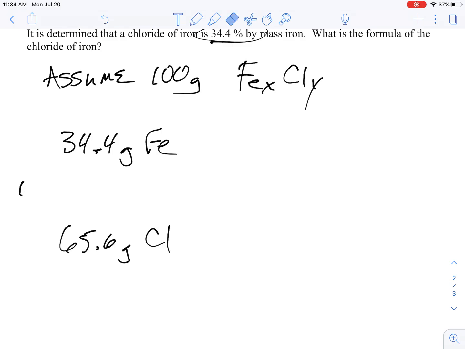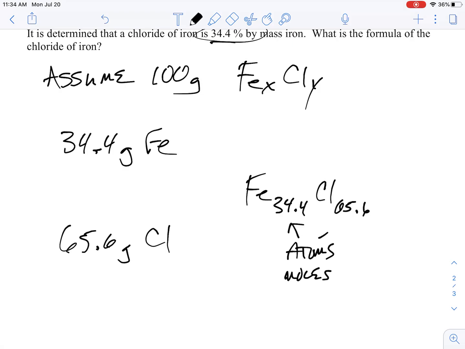Now, your instinct might be to just call it Fe 34.4 and Cl 65.6. But that's a terrible choice, because the masses do not equal the moles or the atoms. These really are ratios of atoms, or more appropriately moles, and the grams that we have here are not appropriate to use for those.